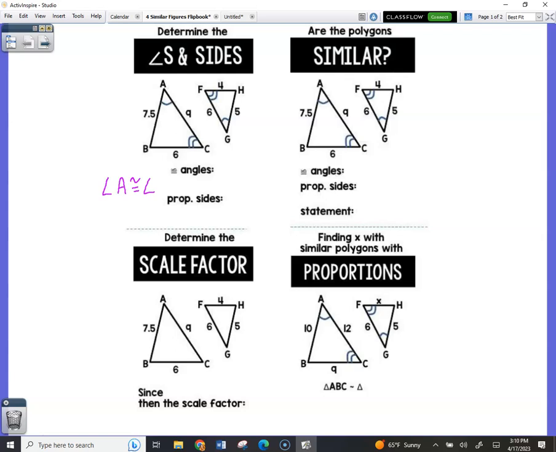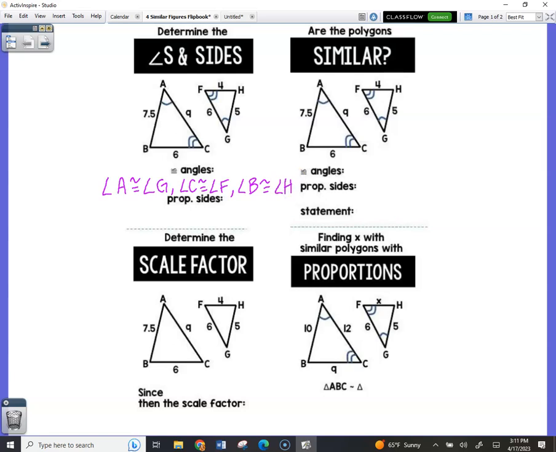Yeah. Angle C is congruent to what? Angle what? F. Okay, and then angle B has no mark at all, so it would be congruent to the angle that also has no mark, which is what? H.